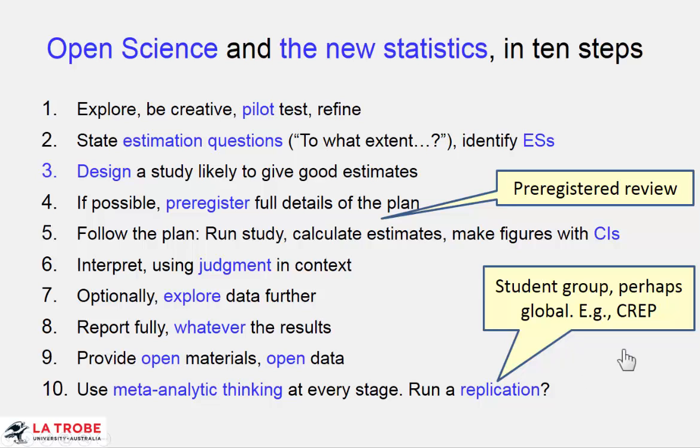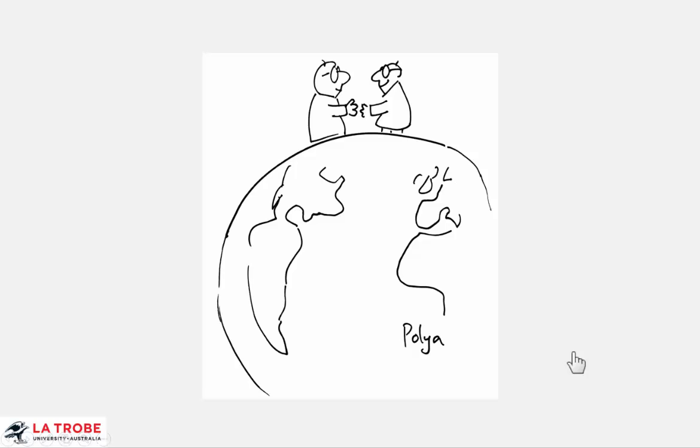The Collaborative Replications and Education Project is one very promising one, and it might even be able to give you a little bit of money to help you with your research expenses. And so that's open science, developing strongly and mapping out how science needs to be done. Yes, even round the world.